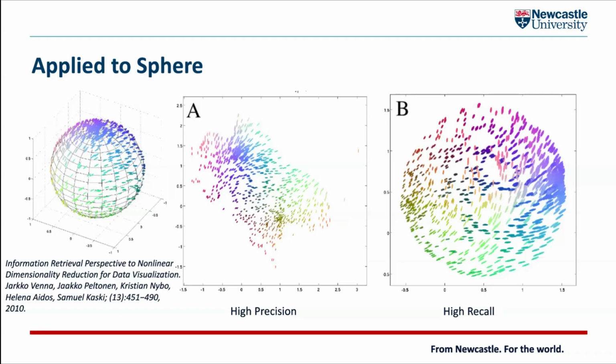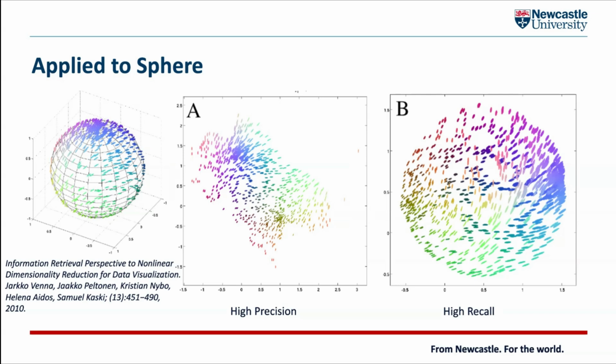So the input is a sphere. At 100% precision, points nearby will be nearby in the high dimensional space. You're sure of that. You aren't going to falsely accuse people.